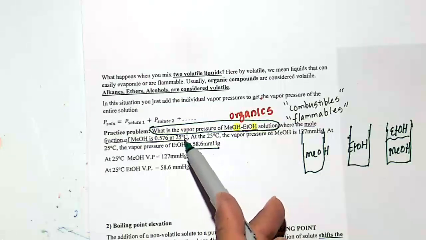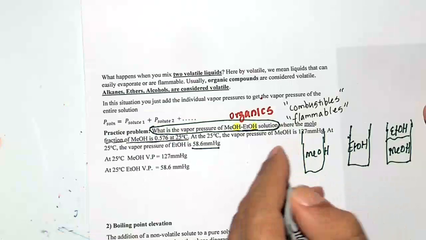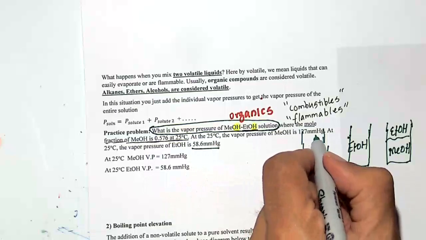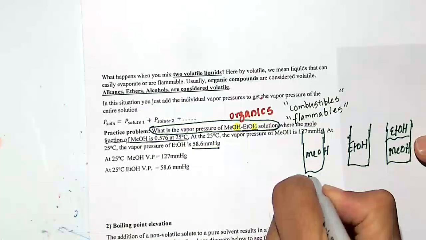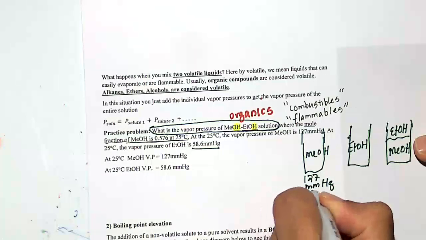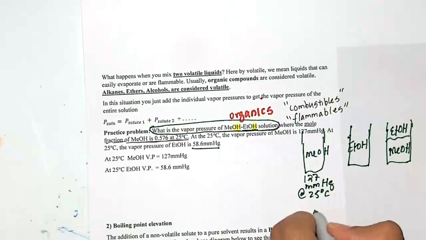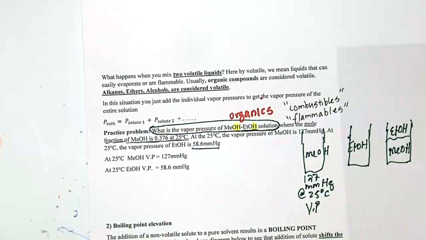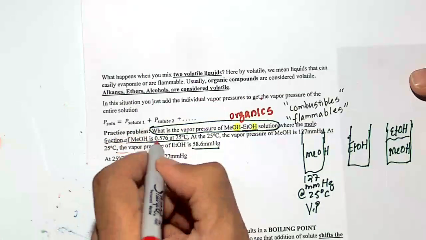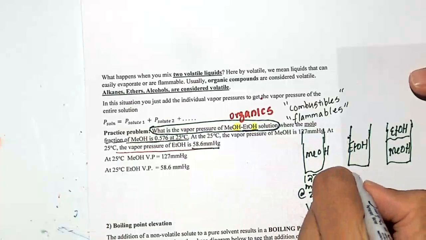Methanol by itself has a vapor pressure of, I'm so sorry, methanol by itself has a vapor pressure of 127 millimeters of mercury at 25 degrees C. Ethanol has a vapor pressure at 25 degrees C of 58.6 millimeters of mercury.